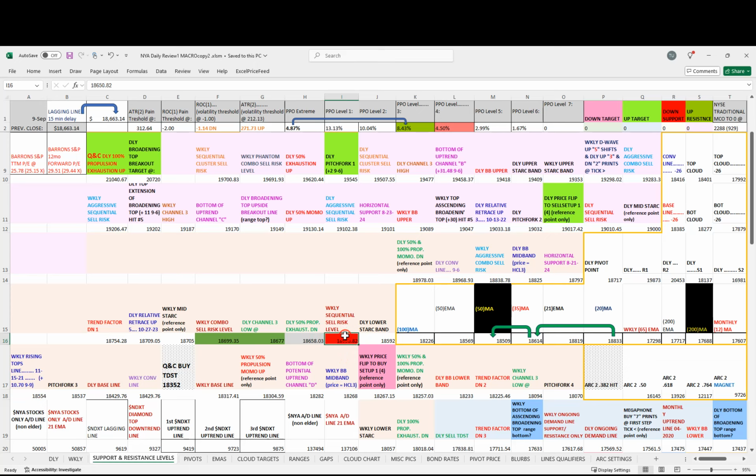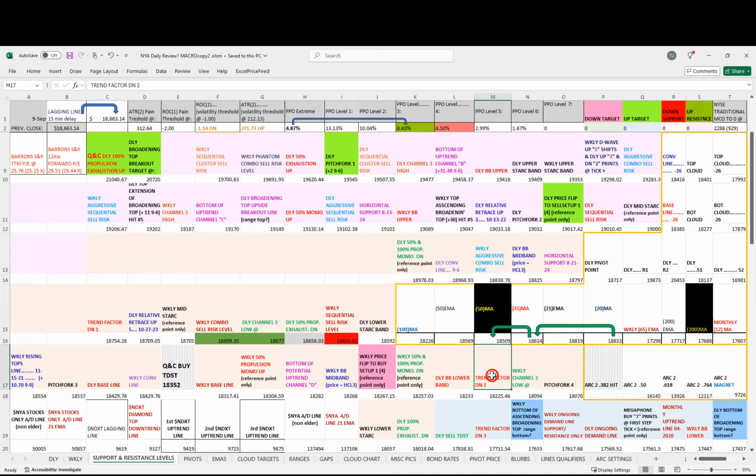It's been taking these legs down from no man's land here, sort of like from the horizontal support, and then before that was this level here and these ones. So took a jump down there and took another jump down here, could take another massive jump and hit here.